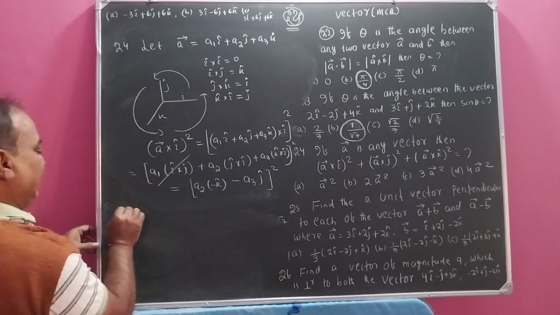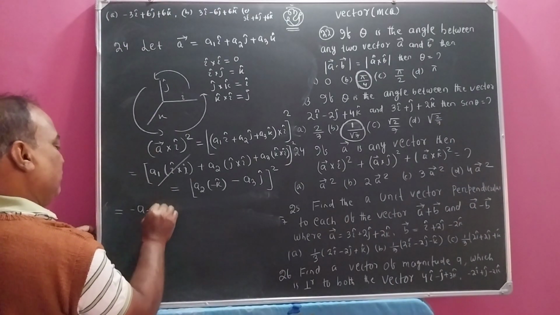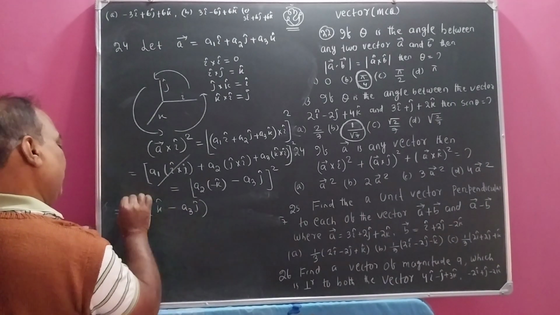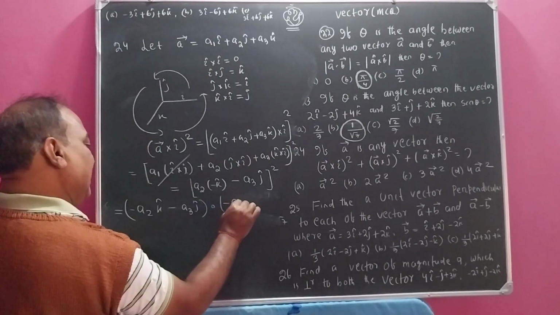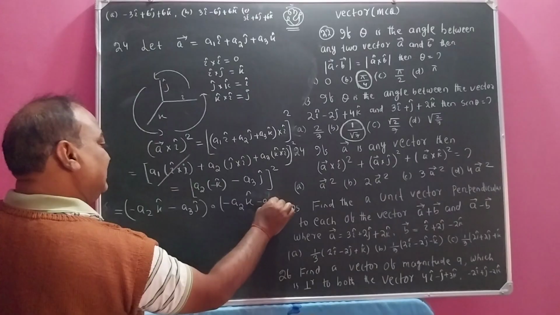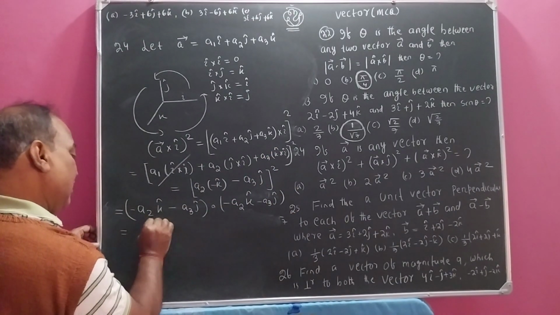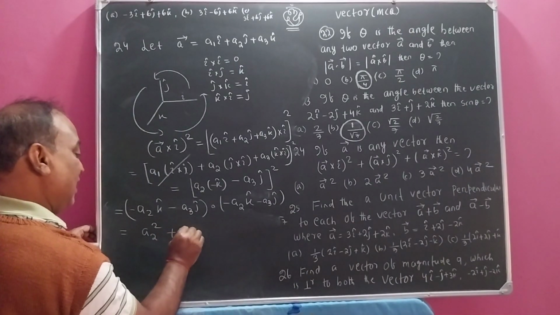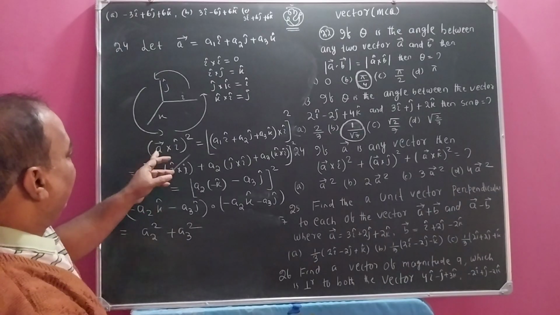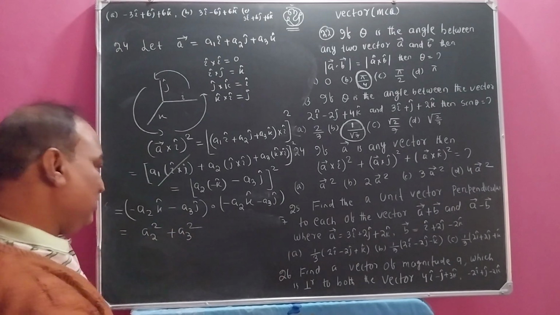Whole square means it is minus A2 k cap plus A3 j cap dot minus A2 k cap plus A3 j cap. Whole square means it is A2 square plus A3 square. A vector cross I cap whole square, we get A2 square plus A3 square.